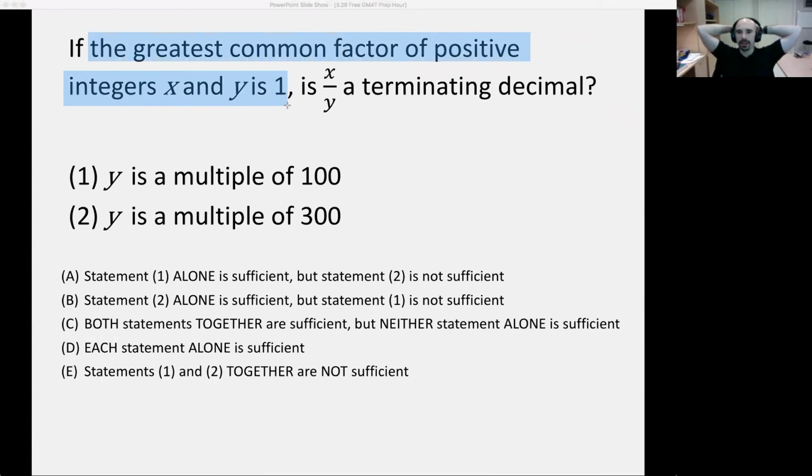I'm not familiar with the term coprime. I'm not sure that this means that they're prime. In fact, let me see if I can come up with a counter example. I would say that the greatest common factor of 8 and 15 is 1. Neither 8 nor 15 is prime.